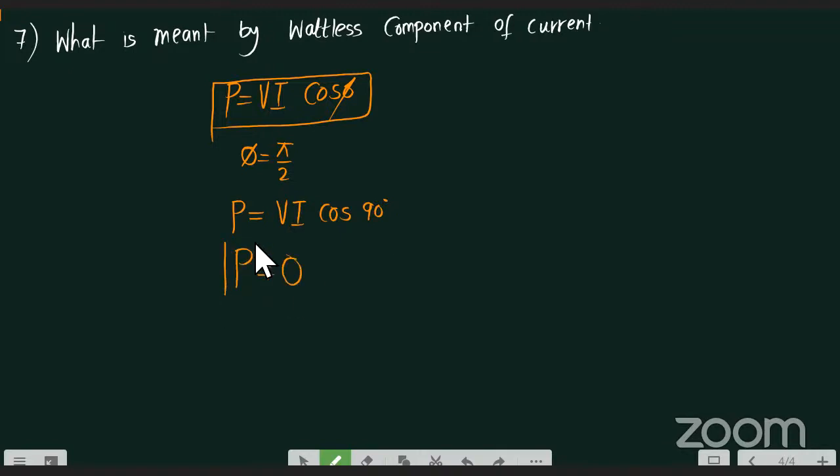So I am getting the power as 0 whenever the angle between voltage and current is 90 degrees. So in this case, the current has no power.